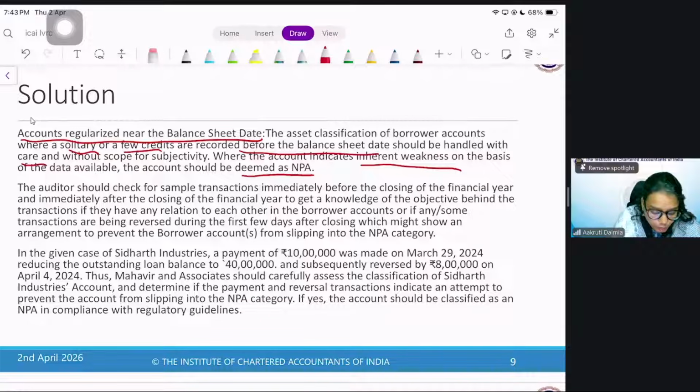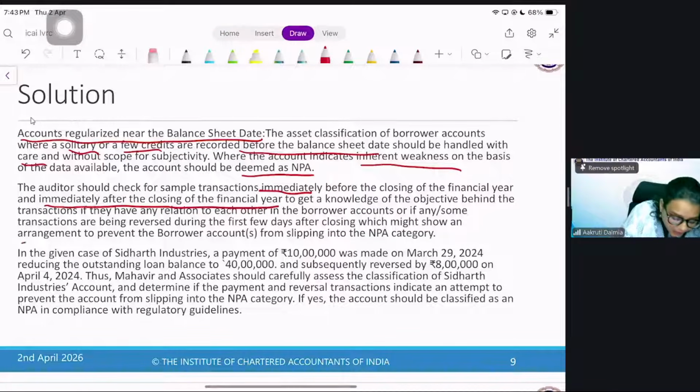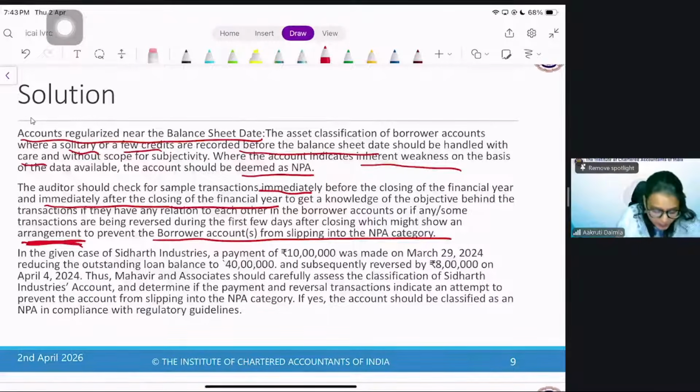The auditor should check sample transactions immediately before the closing of the financial year and immediately after the closing of the financial year to get knowledge of the objective behind transactions, if they have any relation to each other in the borrower's account, or if any transactions are being reversed during the first few days after closing, which might show an arrangement to prevent the borrower from slipping into NPA.